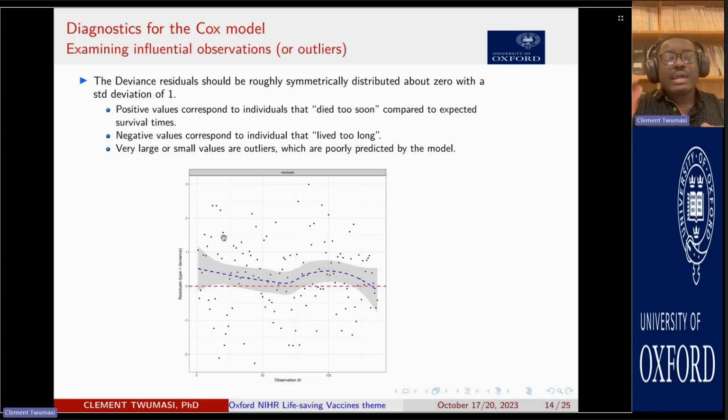In statistics, a value is an outlier if it doesn't fall within 3 standard deviations of the mean. Here the mean is 0, so within 3 standard deviations of the mean means it shouldn't be above 3 or below -3.